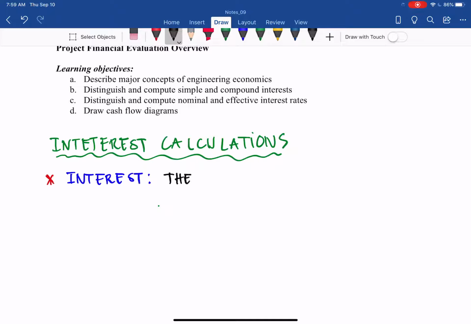The manifestation of the time value of money.